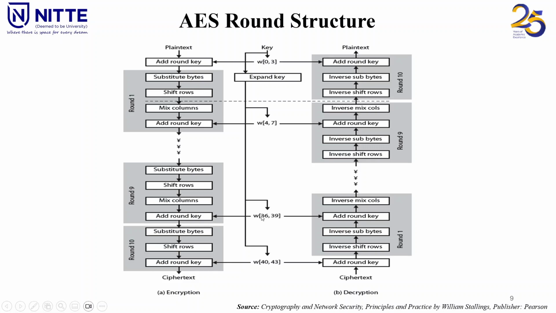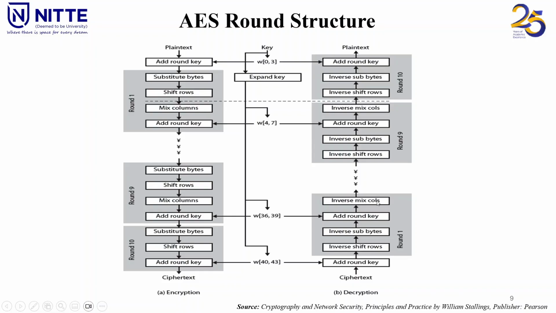On the other side, this is the encryption side, where plain text is converted into ciphertext, and the other side is decryption, where ciphertext has to be converted into plain text. In round 1, it contains 4 transformations: add round key, inverse shift row, inverse substitution byte, and inverse mix column.